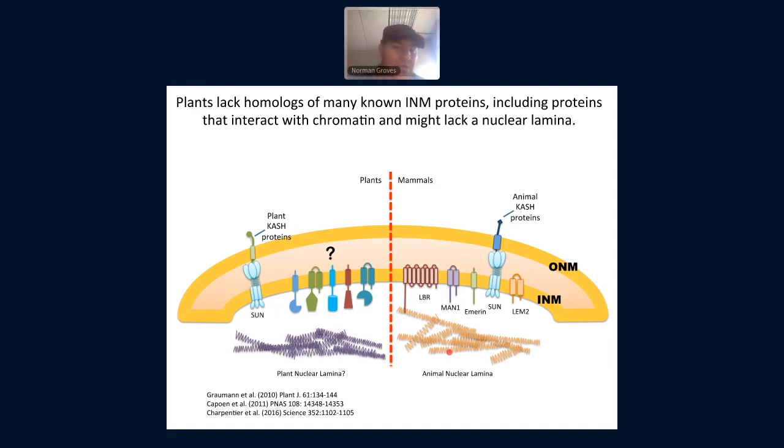And unfortunately, none of those have homologs in plants, with the exception of LBR, which kind of does, but not really. And we wanted to know, if these proteins do not have homologs in plants, then are there differences in the features which define an internuclear membrane protein in plants?